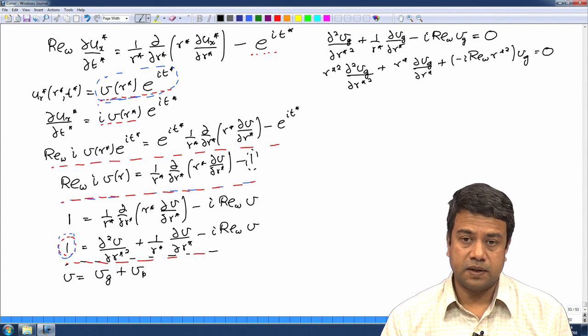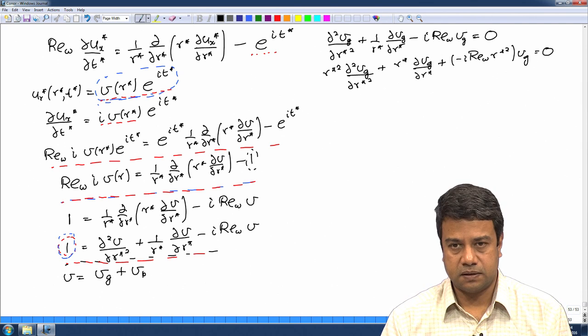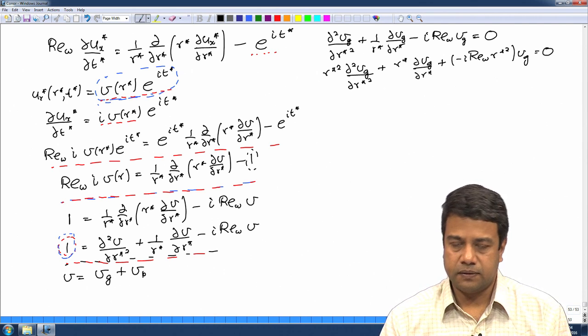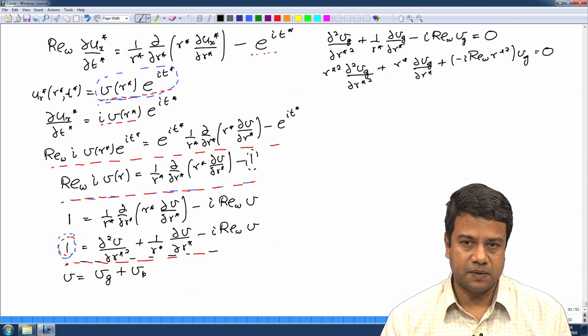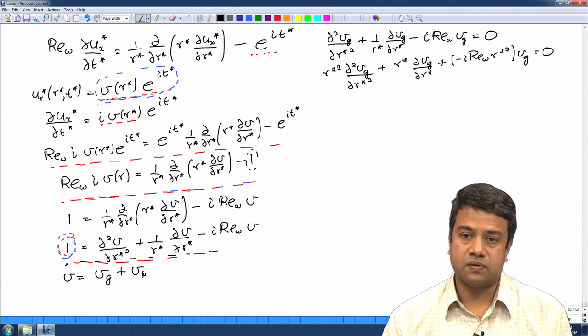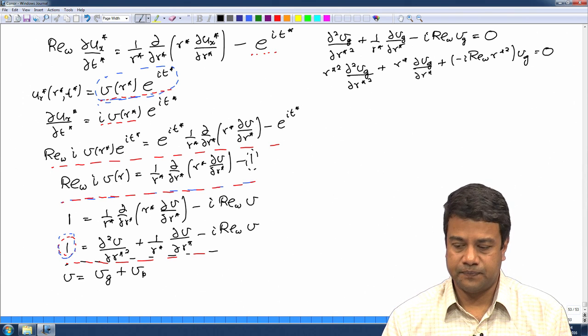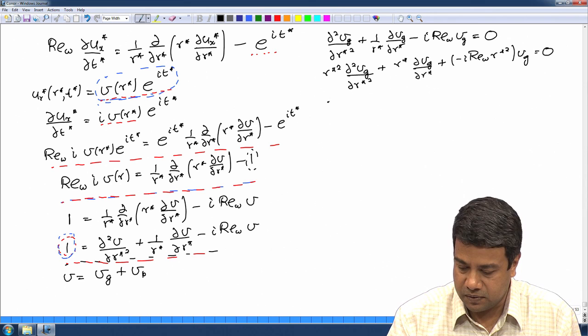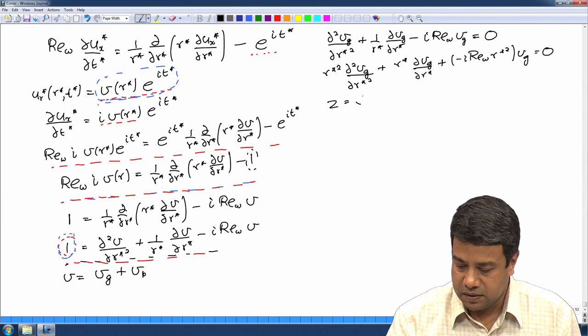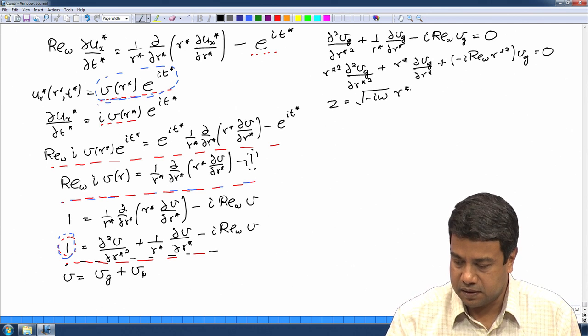So, that is going to be the differential equation, just rewritten by multiplying throughout by r square. Now, you can see that on the left side, the first two terms are 0 dimension in r. If I scale r by any value, these first two terms do not change. So, I can for example define a new coordinate z equal to root of minus I omega times r.